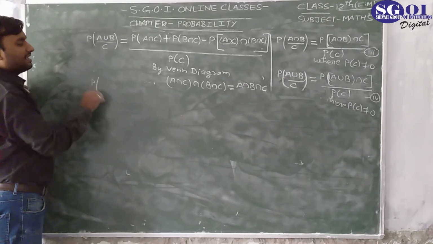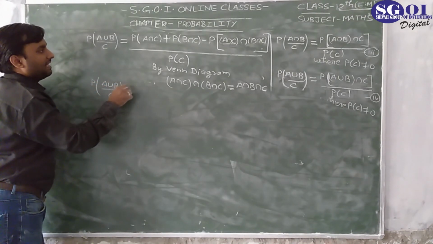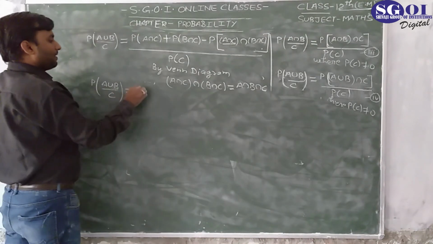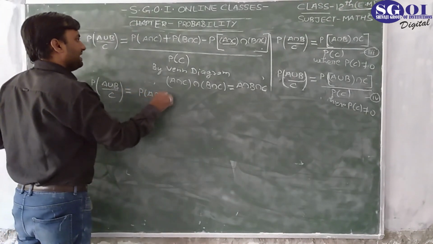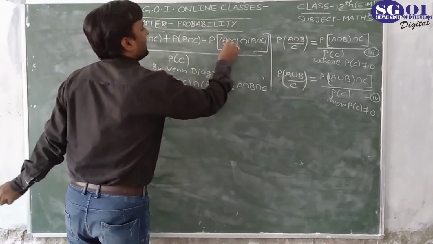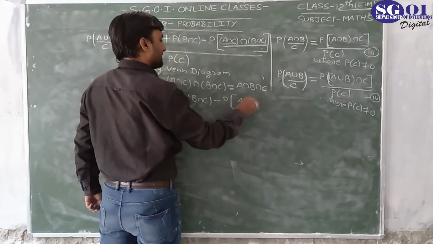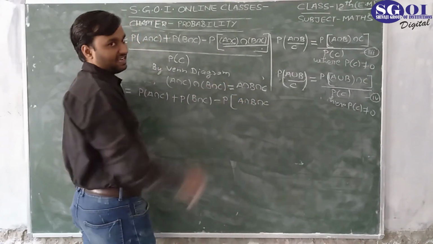If you are not understanding the Venn diagram properly, then this theorem cannot be solved. Probability of A intersection C plus probability of B intersection C, and we can write this whole part as probability of A intersection B intersection C by Venn diagram.